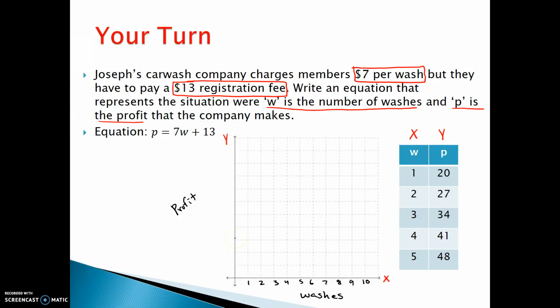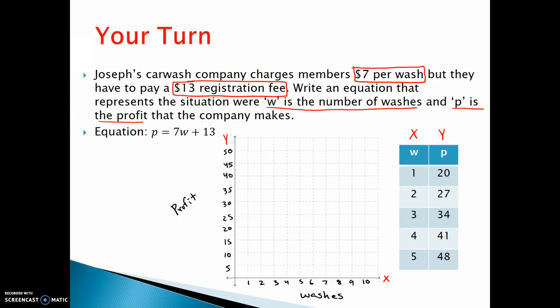I want to expand as far as I can to spread out the data, so let's try 5s: 5, 10, 15, 20, 25, 30, 35, 40, 45, 50. Hey, I made it. All I needed was to get to 48, so that's perfect.